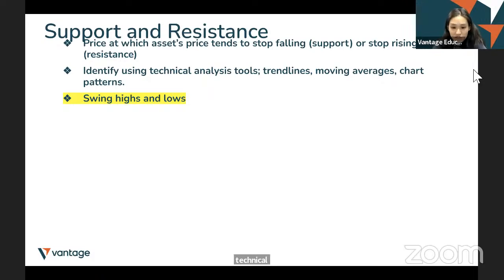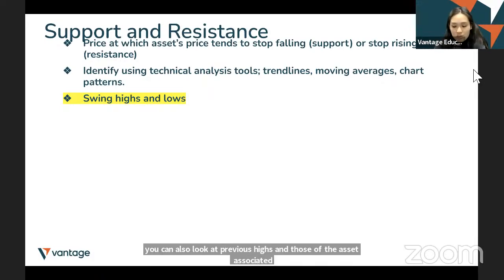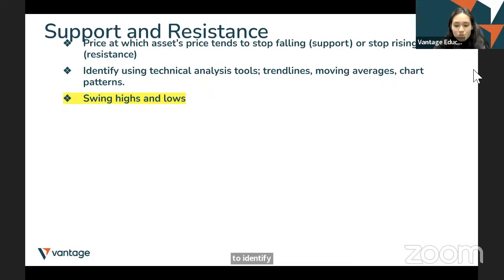You can also use Fibonacci levels, which we'll be talking about later on. Additionally, you can look at previous highs and lows of the asset, as well as volume data to identify potential levels of support and resistance. This is what we'll be focusing on today. It's important to note that these levels are not absolute and can change over time, so it's necessary to continue monitoring these levels.